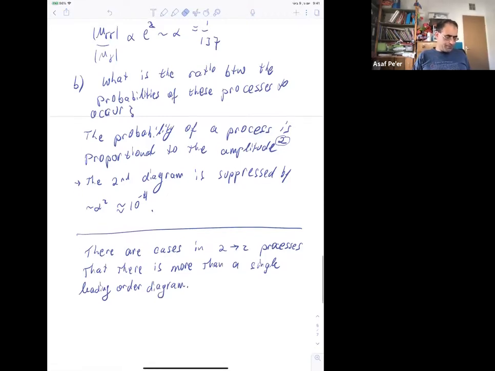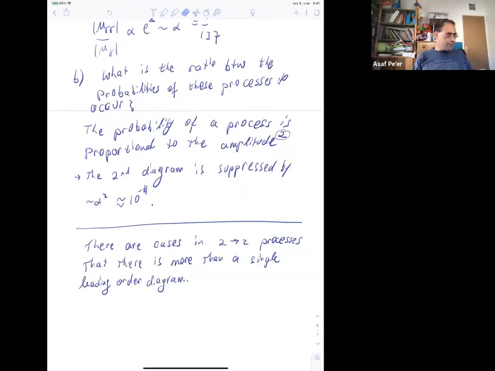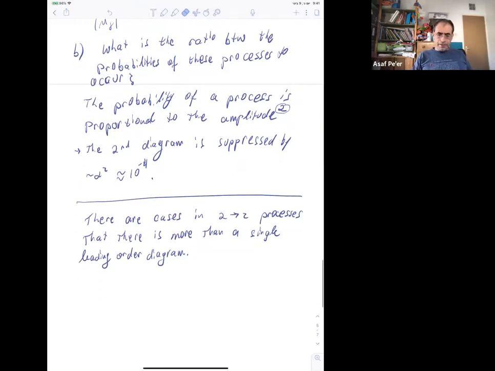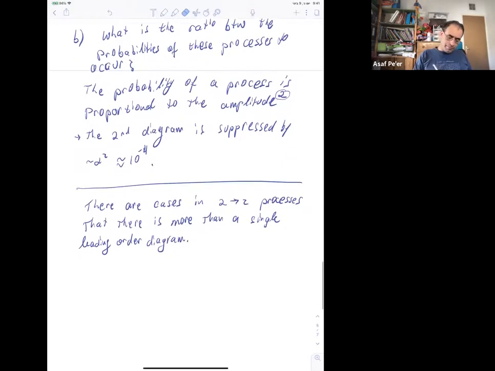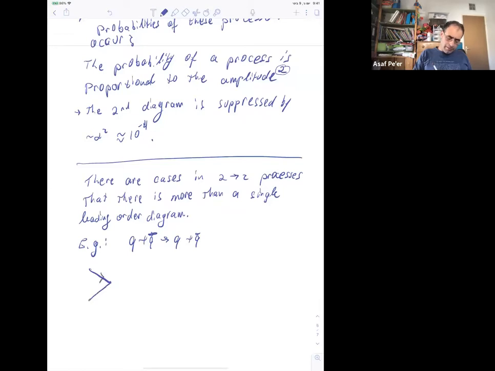So for example, when we have the Q plus Q bar scattering, we have two leading order diagrams. One like that we already plotted, Q, Q bar, gamma, Q, Q bar. And we also have the alternative, Q, Q bar, Q, Q bar.